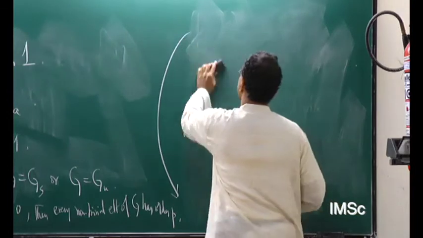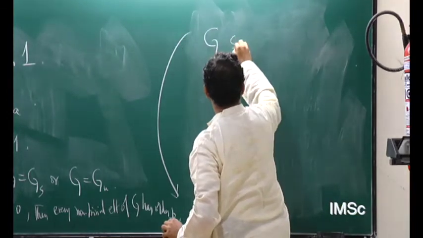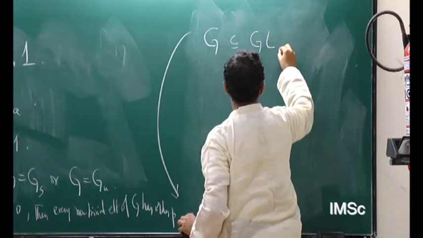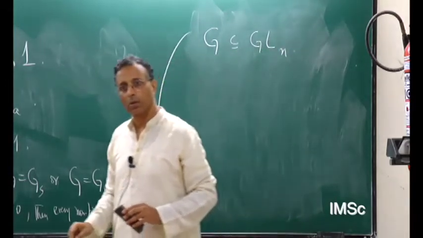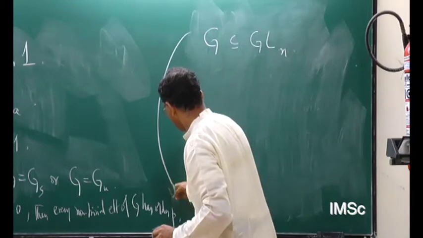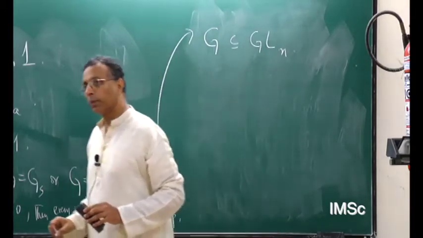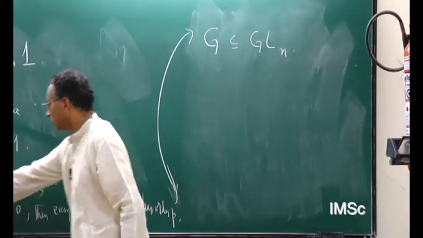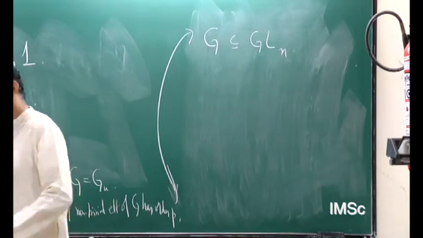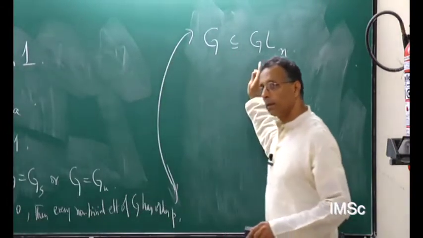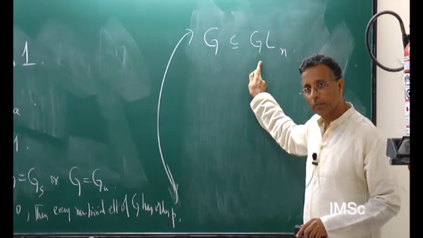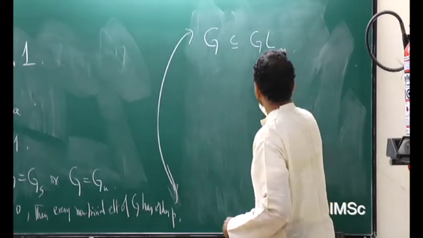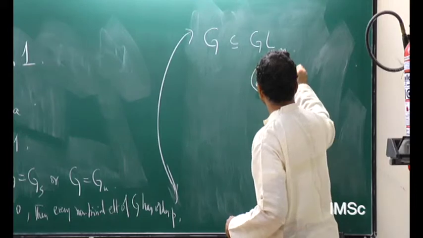So you can put G in GLn, right? Now it is unipotent, right? So the images are unipotent here, which means I can write (G minus 1) to the n equals 0.